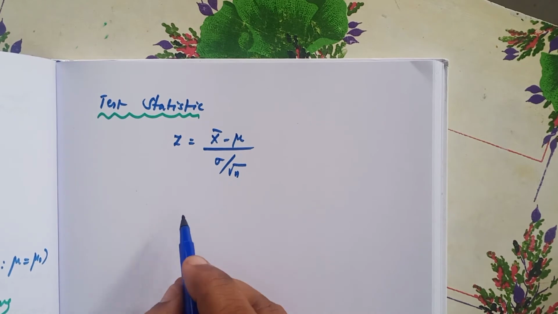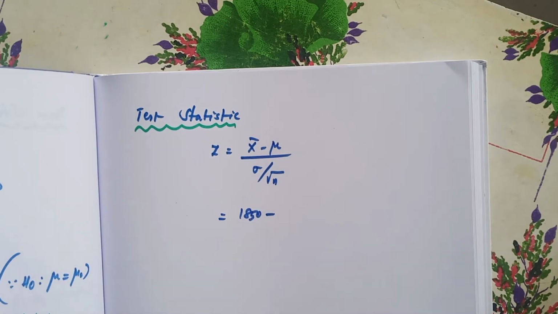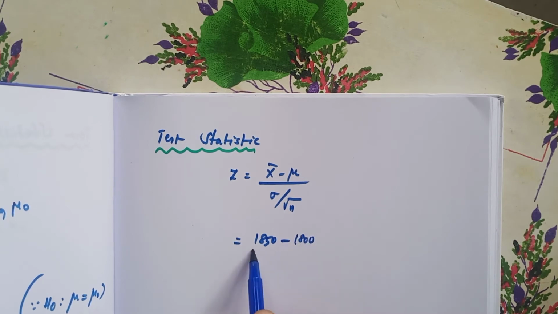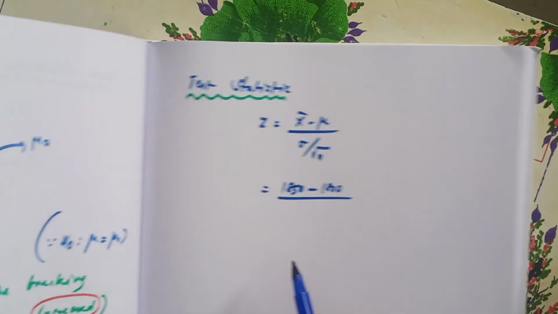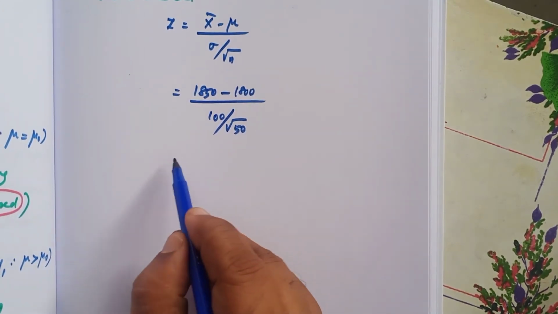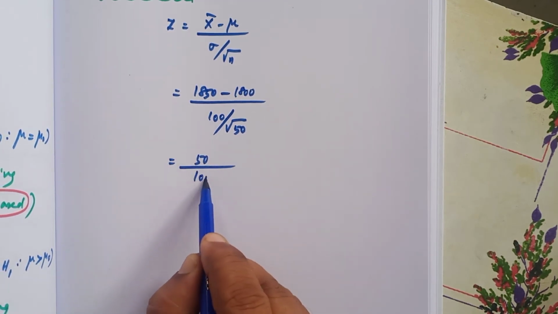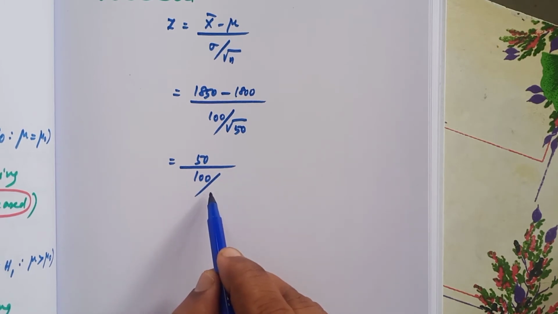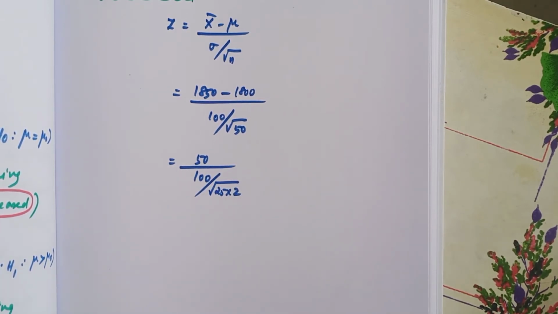Now x bar is 1850, mu is 1800, sigma is 100, n is 50. So Z is equal to 1850 minus 1800, that is 50, divided by 100 divided by root 50. Root 50 you can write as root of 25 into 2.